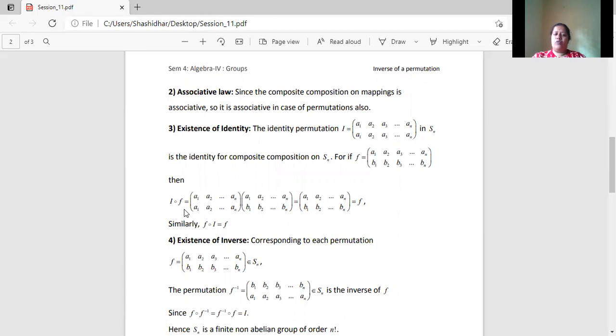Hence, I composition F is equal to F. That is, when we multiply any permutation with the identity permutation, we are again getting the same permutation itself.